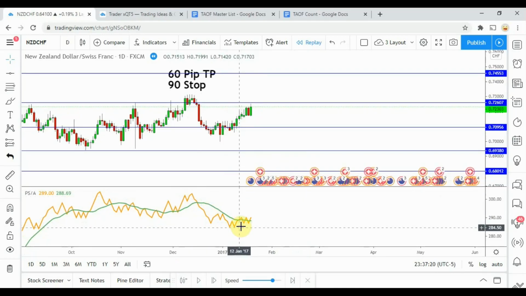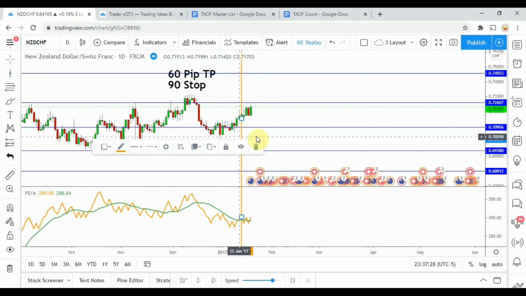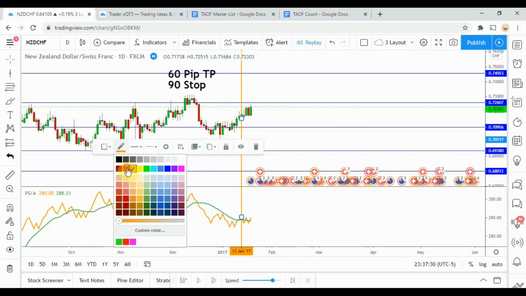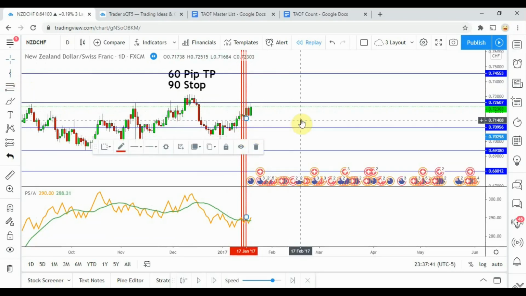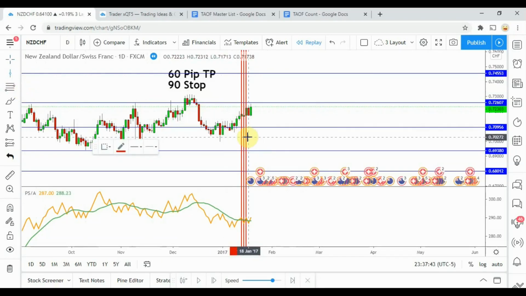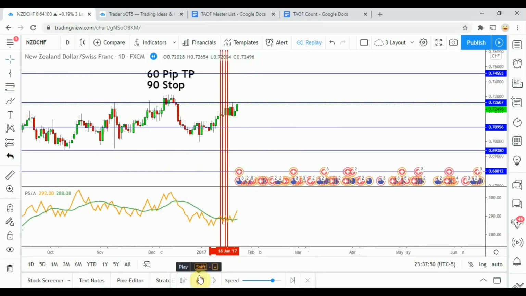Down here, our indicator picked up a long signal. Right here. And then almost immediately it dropped into a short signal, and then a long signal here, then a short, and we're not sure what it's going to do now.